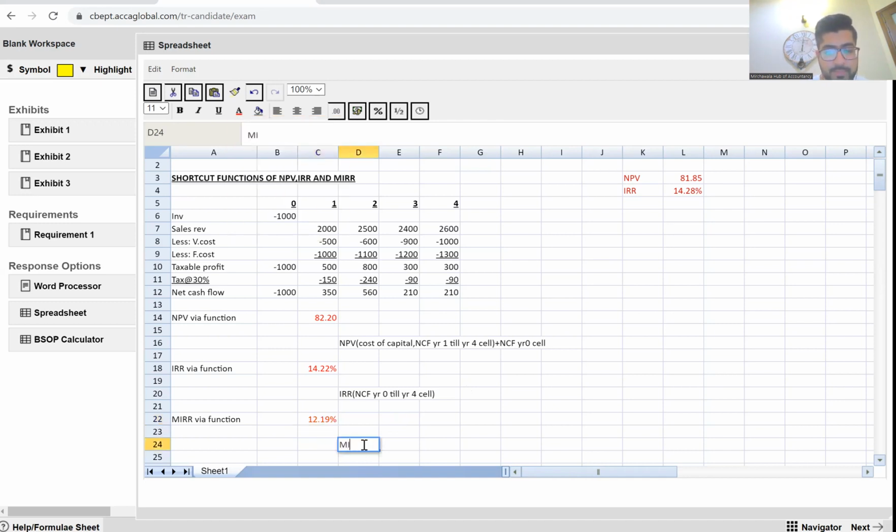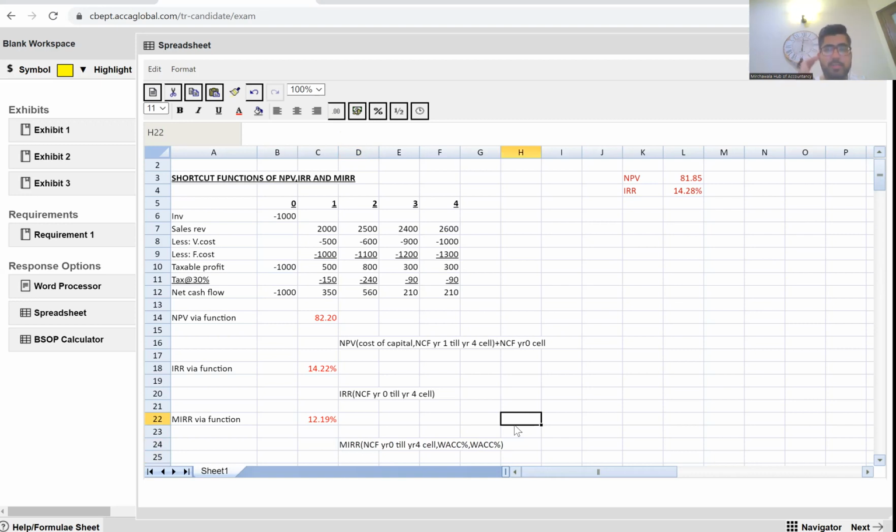So just doing MIRR, bracket open, all net cash flows, year 0 till year 4 cell, comma, WACC percentage, comma, WACC percentage.